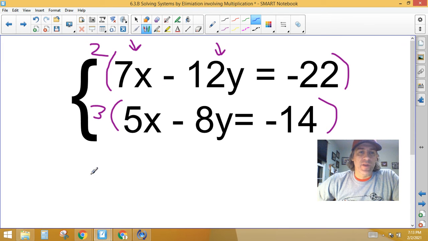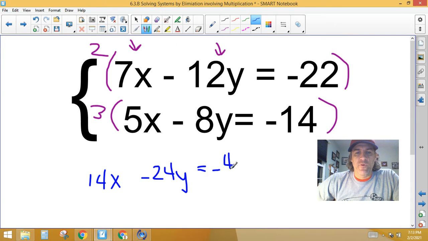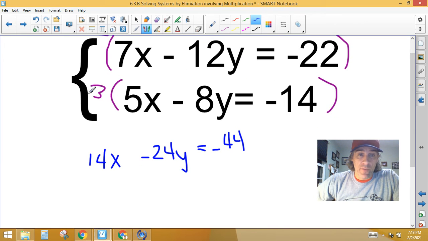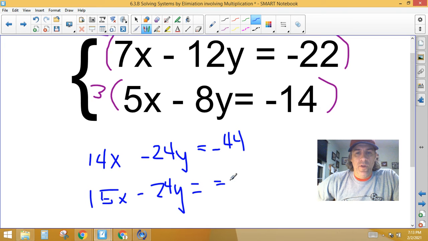My top equation becomes 14x, because 2 times 7 is 14, minus 24y equals negative 44. My bottom equation, I'm going to triple it. That gives me 15x minus 24y equals negative 42.